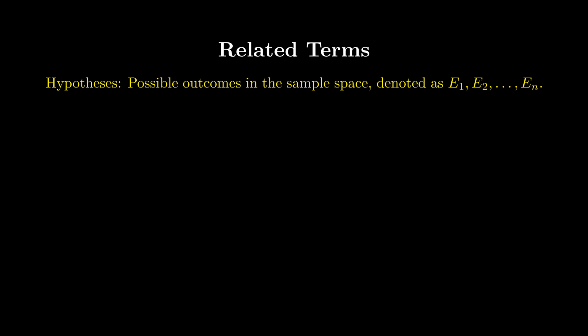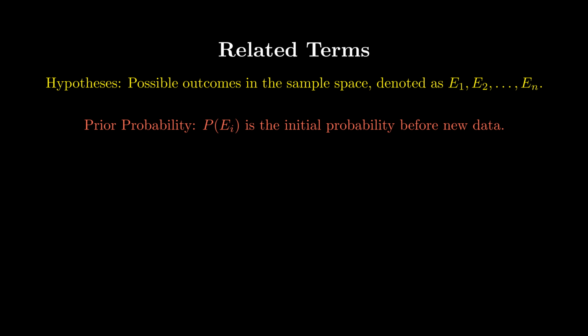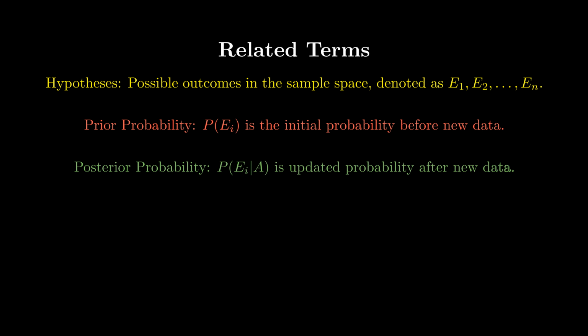Hypotheses, possible outcomes in the sample space, denoted as E1, E2, up to En. Prior probability, P of Ai, is the initial probability before new data. Posterior probability, P of Ai given A, is the updated probability after new data.